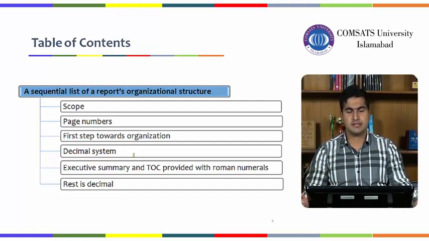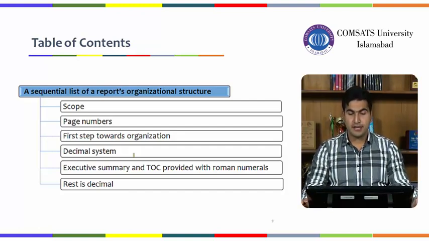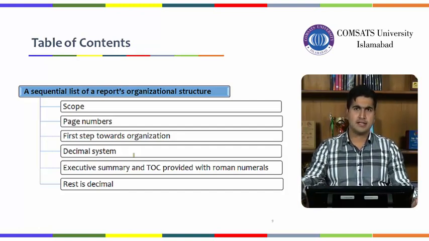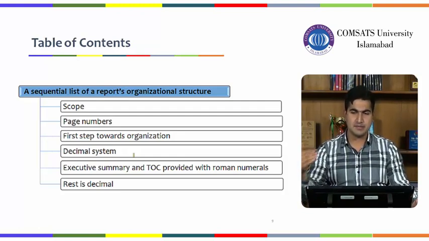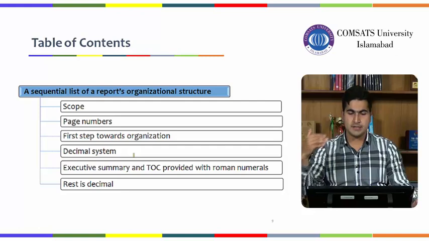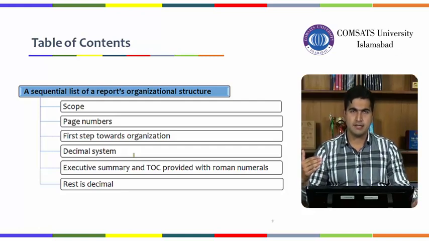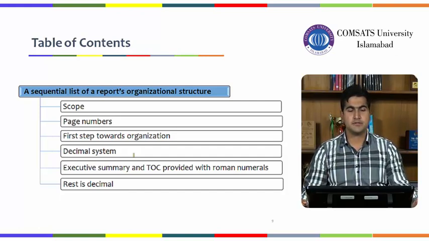What is it? A sequential list of a report's organizational structure. In the case of a book, the manner in which it has been sequenced, organized, prioritized is reflected, and that is the purpose of a table of contents, or TOC.